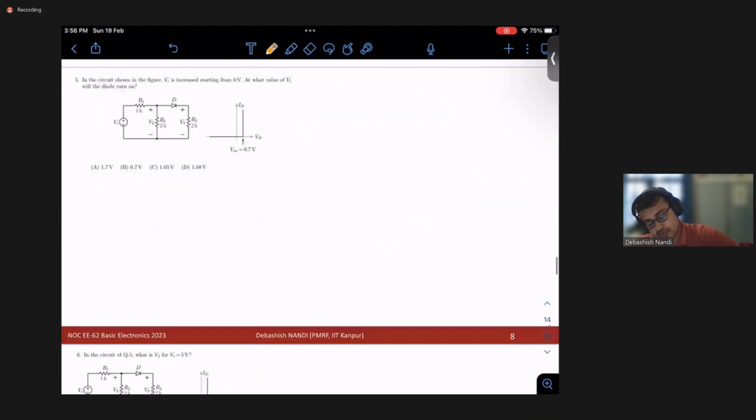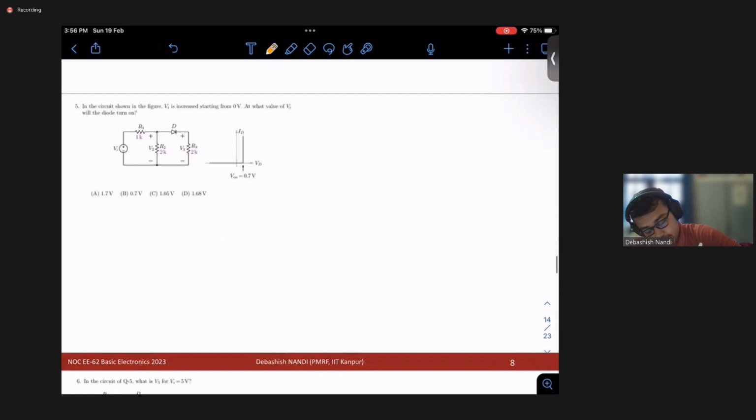So let's move to problem number 5. In this circuit shown in the figure, Vi is increased starting from 0 volt. So at what value of Vi the diode will turn on? This plot, have you seen somewhere?